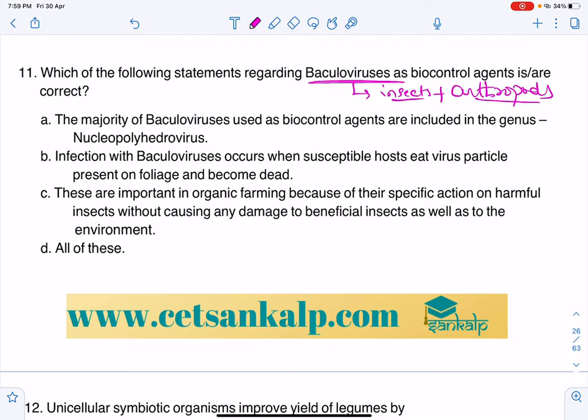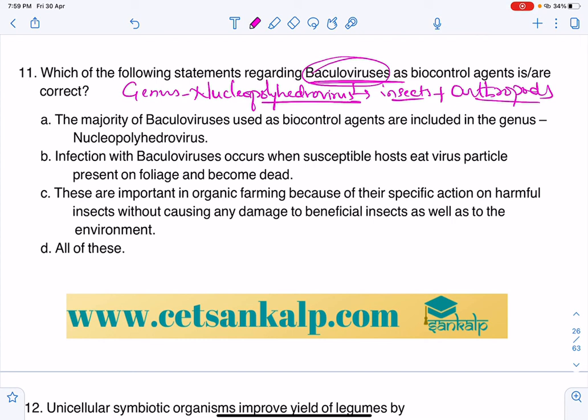The majority of these baculoviruses belong to the genus nucleopolyhedrovirus. Nucleopolyhedrovirus has no negative impact on plants.